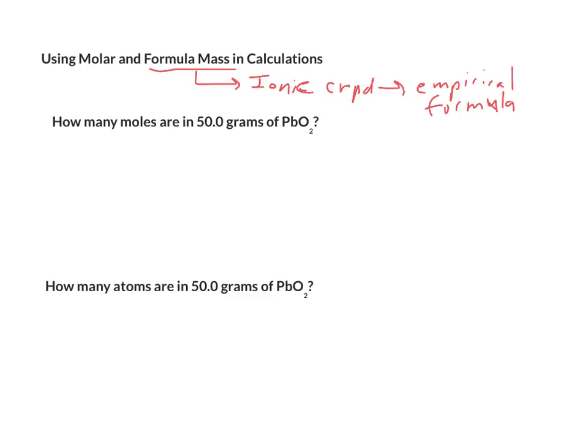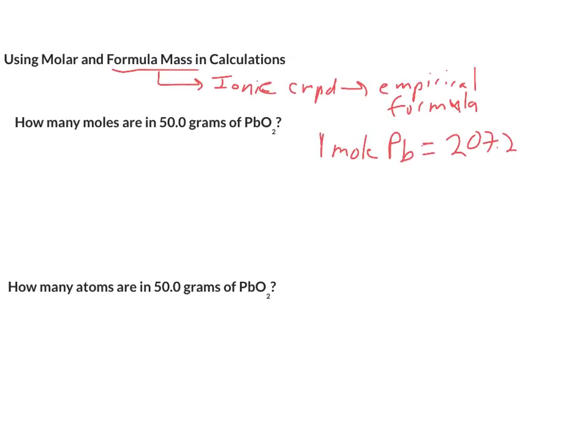You look up the values for the elements in the periodic table. 1 mole of lead weighs 207.2 grams, and 1 mole of oxygen weighs 15.999 grams.